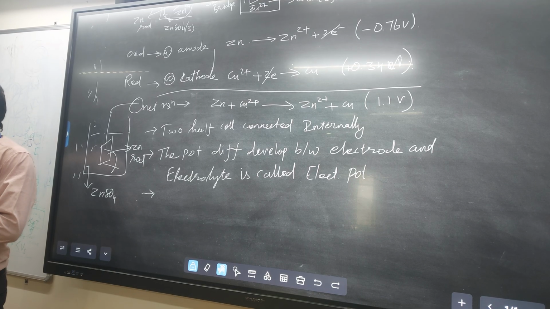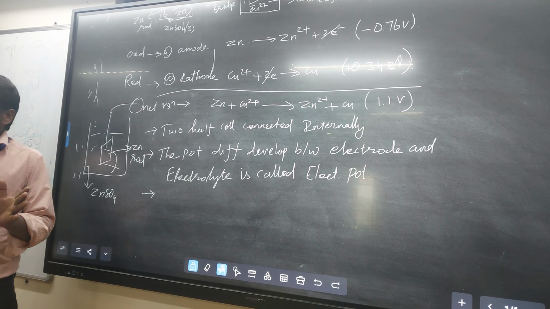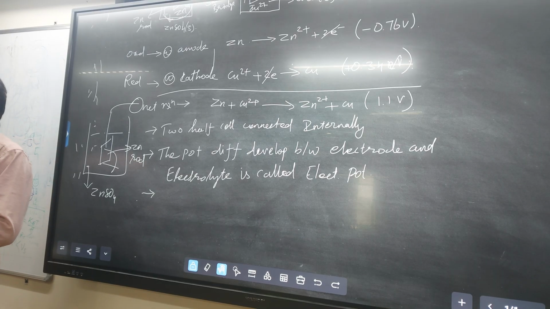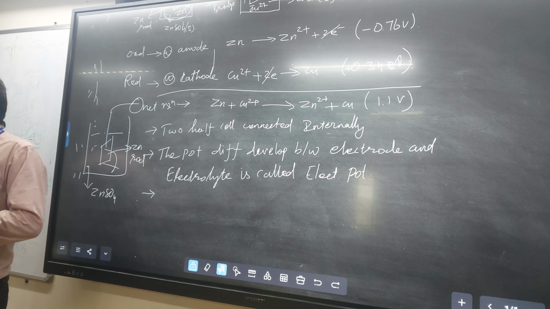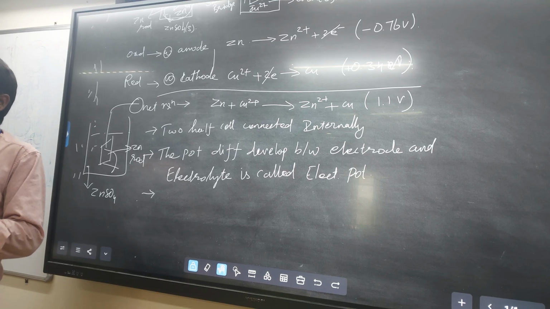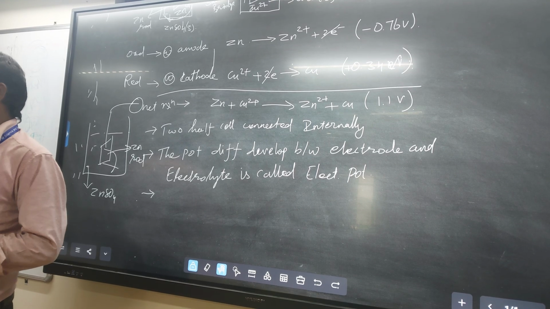So here zinc is one half cell, copper is one half cell. You connect the two half cells, you get the cell potential, the net potential. Cell potential is not for a half cell. Half cell potential we find based on the hydrogen reference electrode, the standard hydrogen electrode.